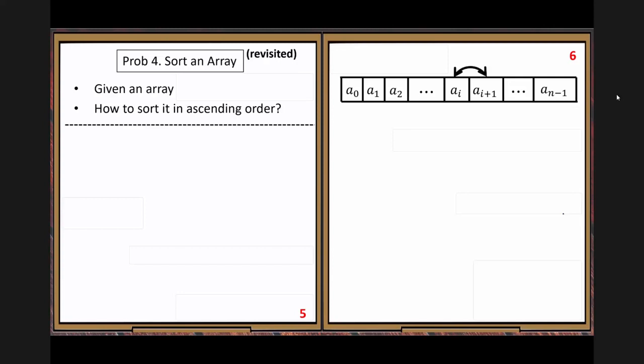Let's compare two elements in the array and see what property we can observe, we can discover. When we look at any two elements in the array, what is the basic property you can observe between these two elements?